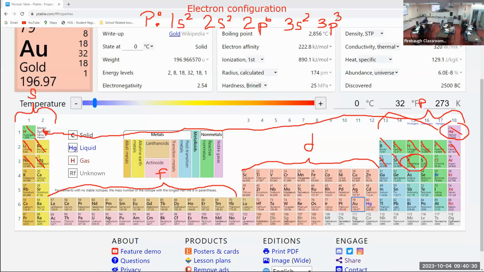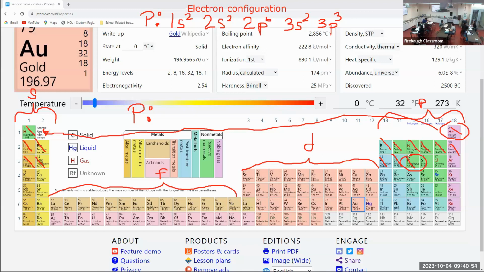Okay, so let's see if we can do the easy way. So the easy way, what we would do is we use P again, and then you find the nearest noble gas that is before P. So you look at the atomic number. What was the atomic number for P again? 15.